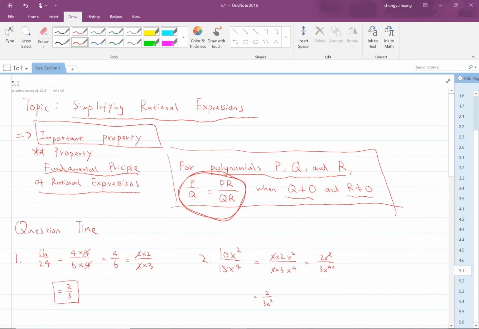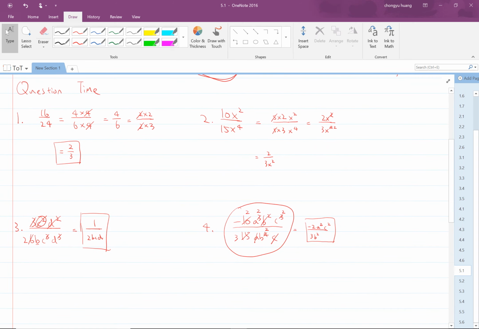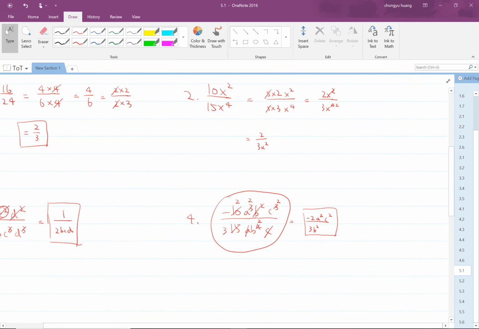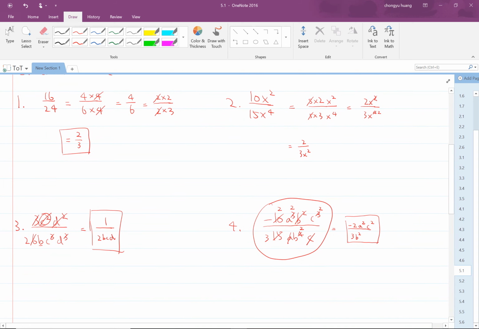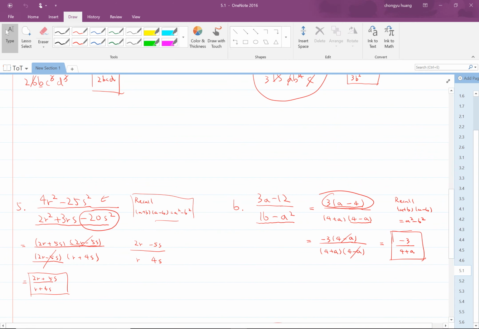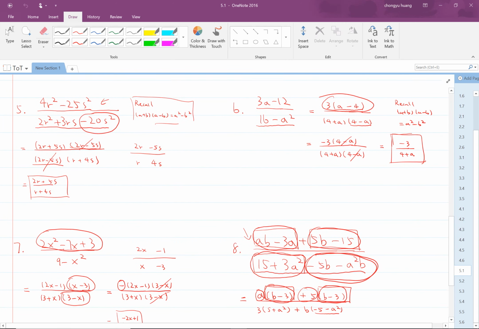This property is what we use in order to simplify, and here we did these questions in order to demonstrate how we use this property.